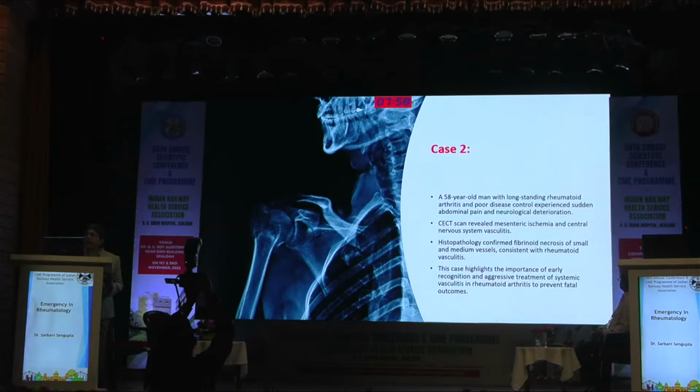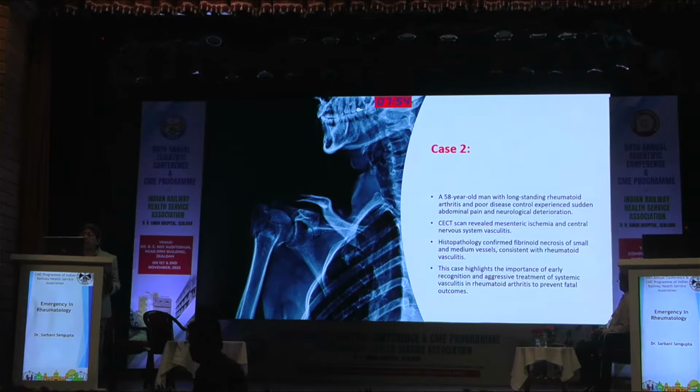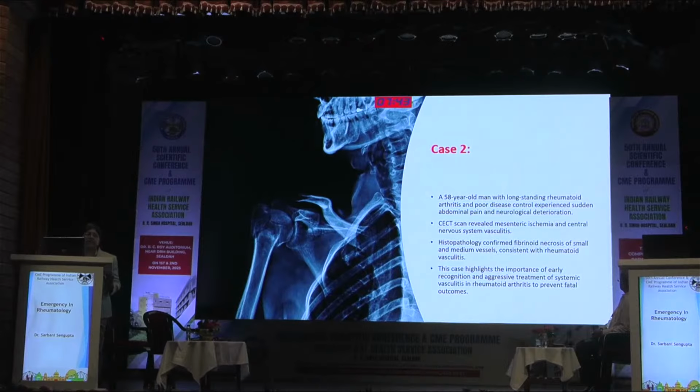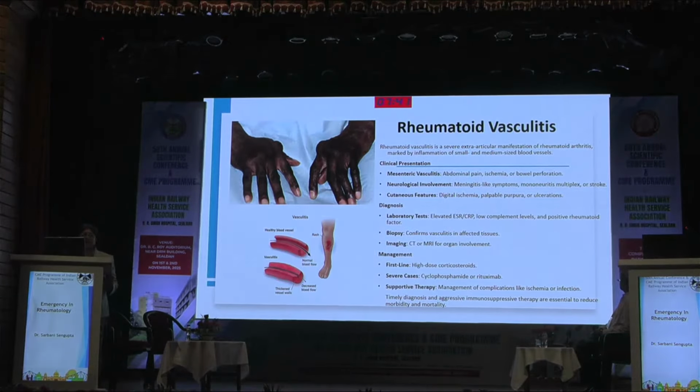Another rheumatoid patient, having acute pain abdomen and neurological deterioration, one day lands in the emergency, and the CT scan immediately done shows a mesenteric ischemia, suggestive of some nervous system vasculitis. This is rheumatoid vasculitis, which may be an acute and critical condition a patient of rheumatoid arthritis may face, and these are extra-articular manifestations.